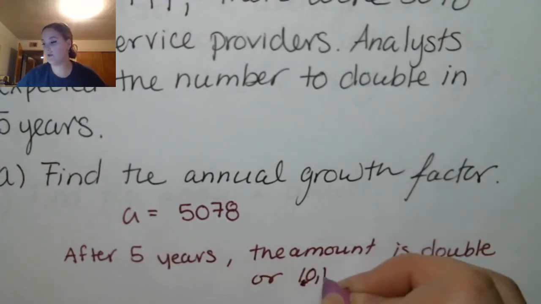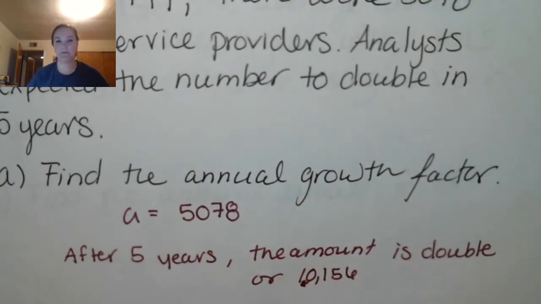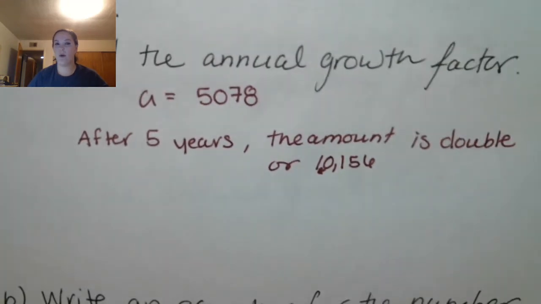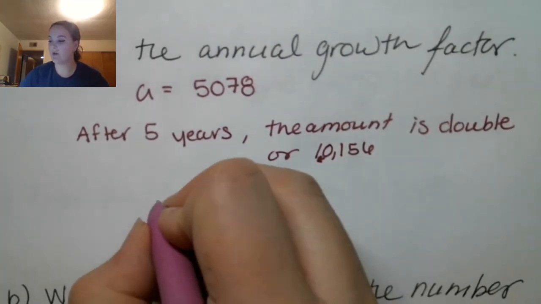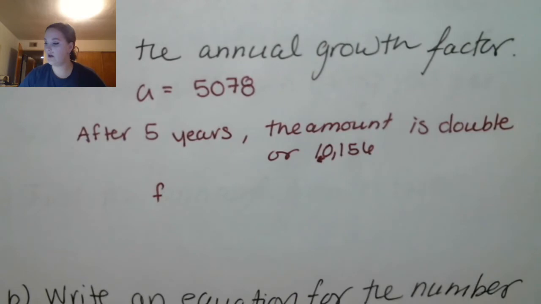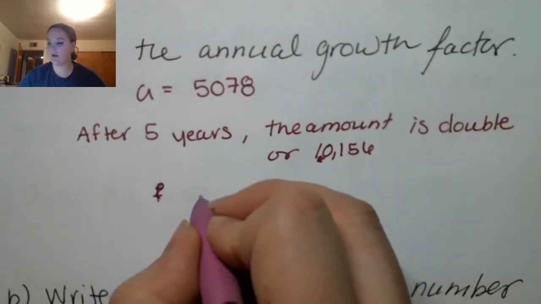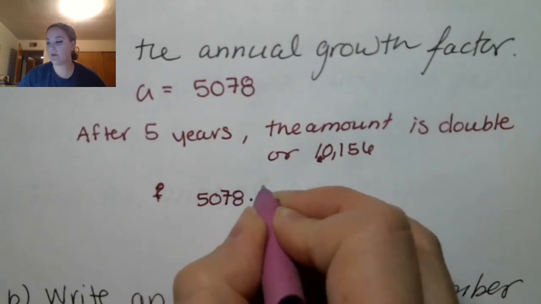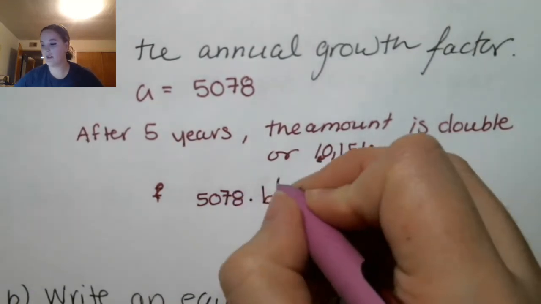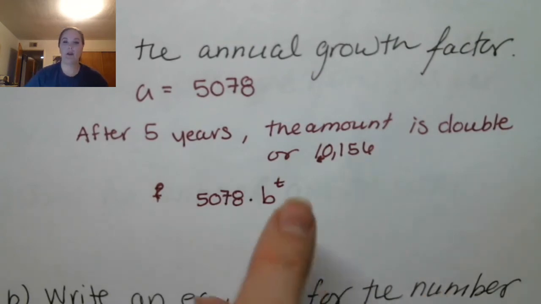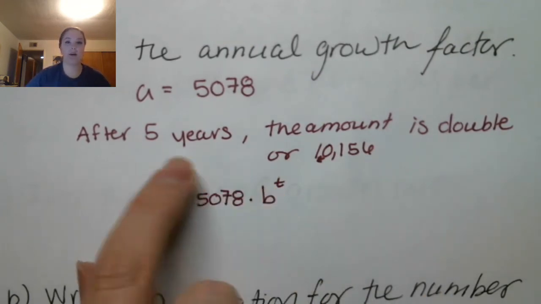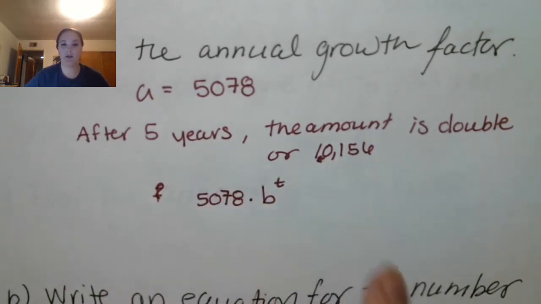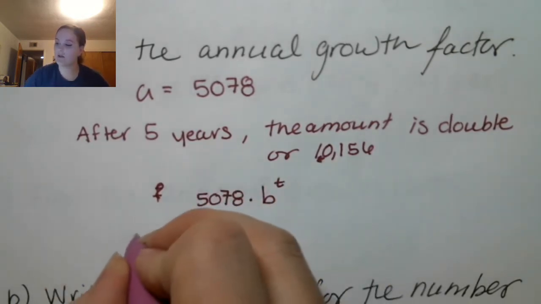Let's look at what that means for us. It means that our initial equation is going to look like 5,078 times b to the t. Now, when t is 5, meaning after 5 years, the output is going to be 10,156.